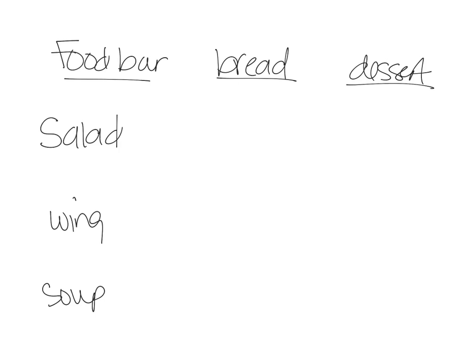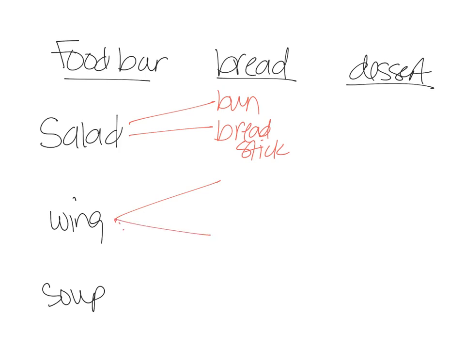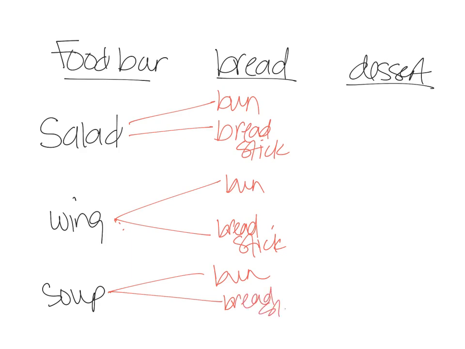Then I can choose between a bun or a breadstick from salad, and then for wings, bun, breadstick, and then I can get soup with a bun or soup with a breadstick.